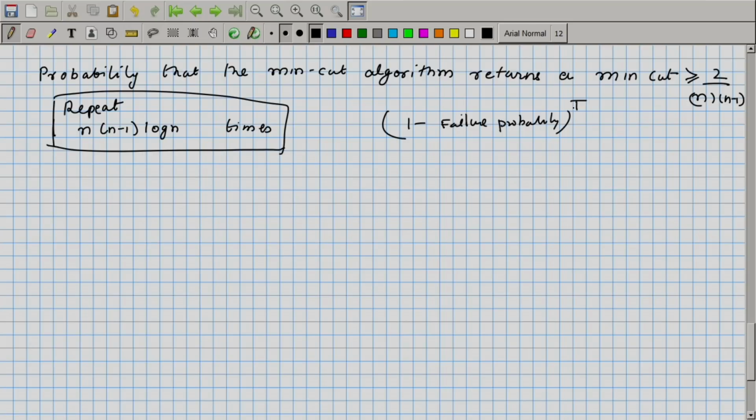Our algorithm will fail only if every run of the algorithm fails. Even if one of the runs succeeds, we will say that our algorithm has succeeded.